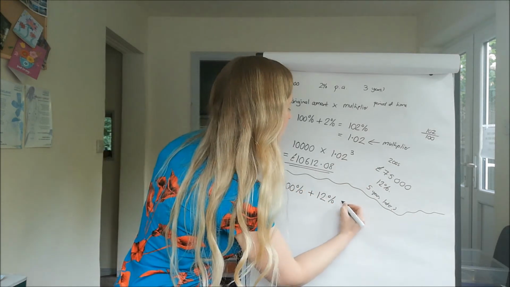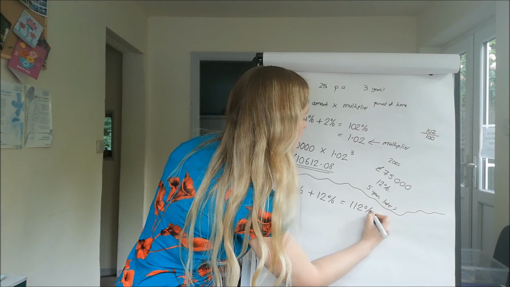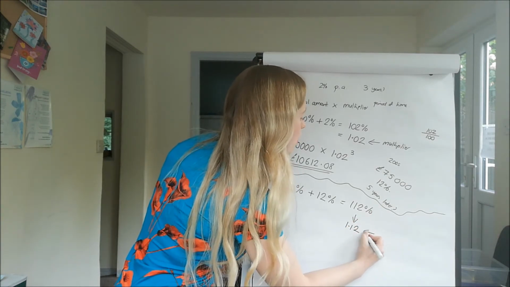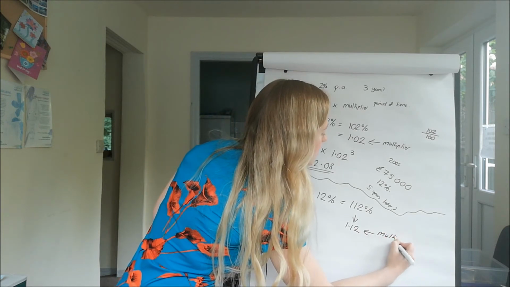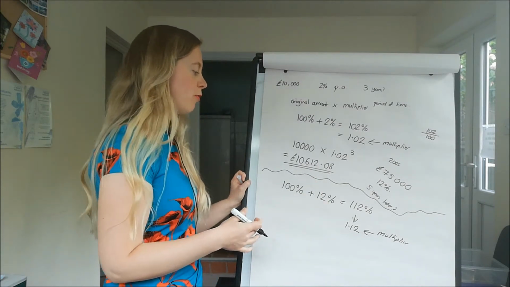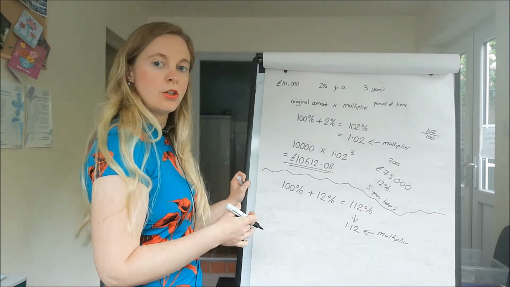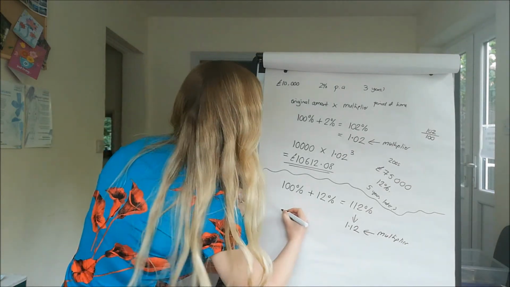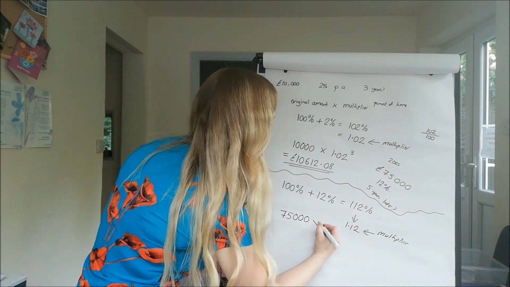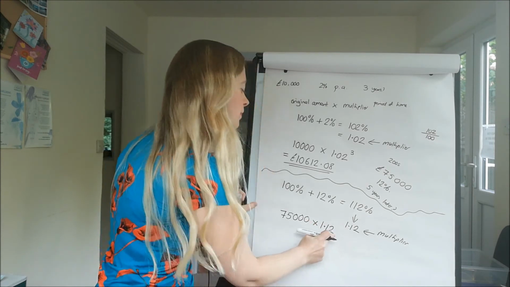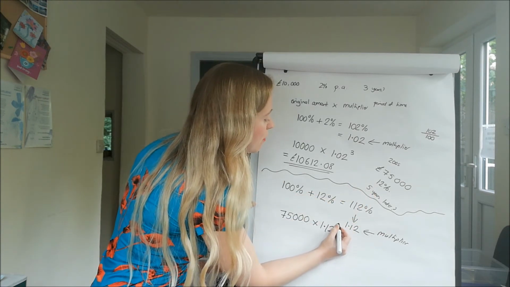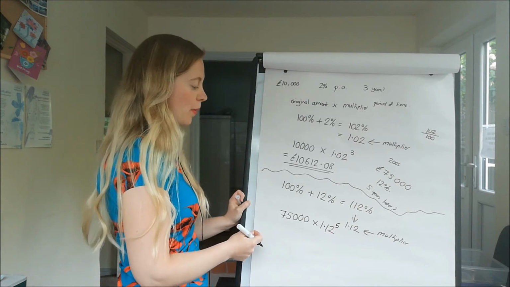So that's going to give 112%, which as a decimal is 1.12, and that's our multiplier. Or if you're using a fraction, 112 over 100. Using the formula, we then have the original amount, 75,000, times by that multiplier, to the power period of time, which in this case is 5 because the question says 5 years later.